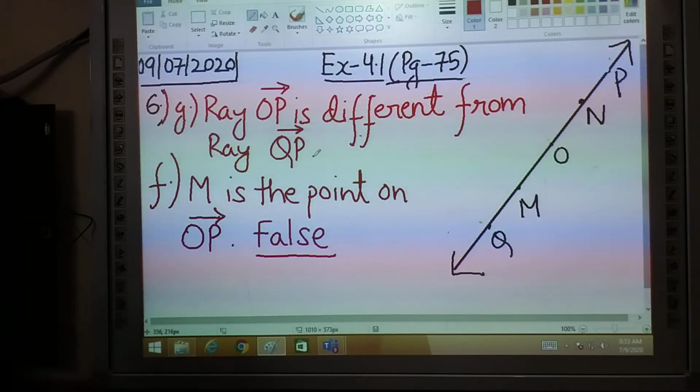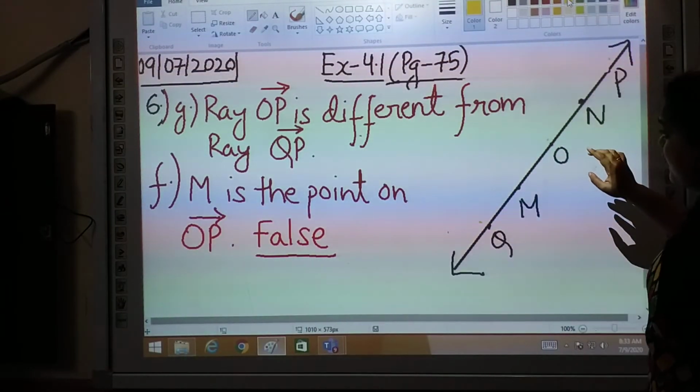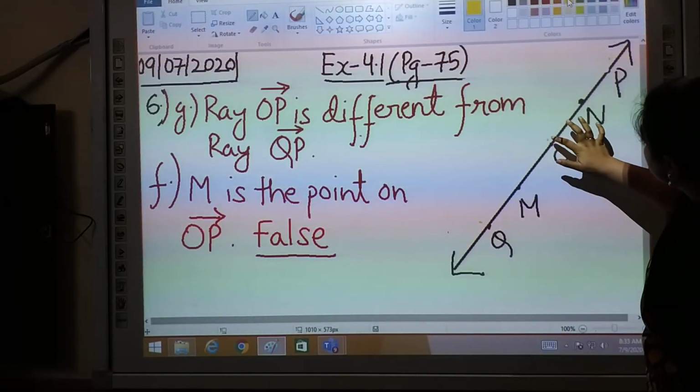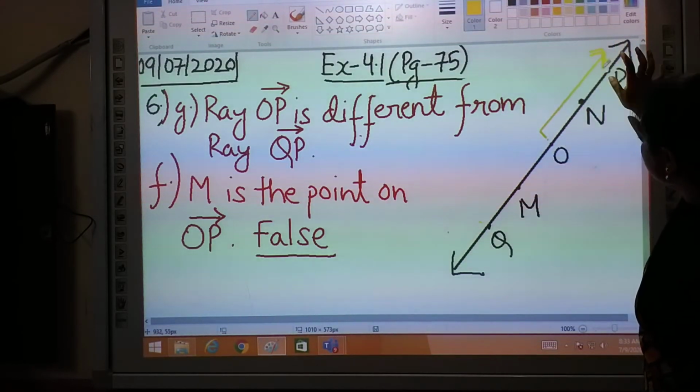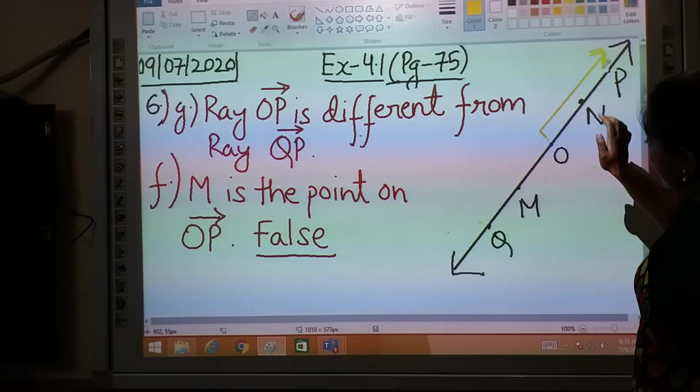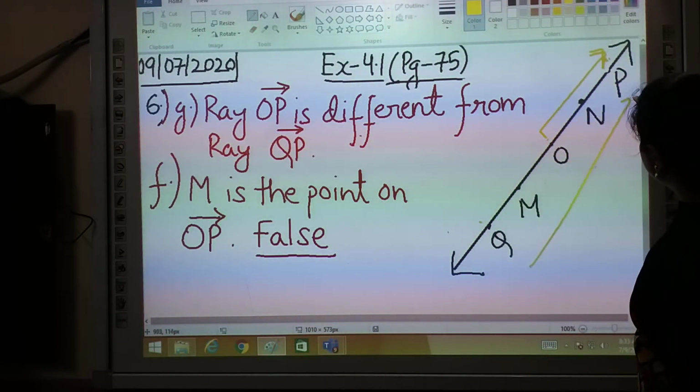ठीक है? As you can see, first we will take the ray OP. So this is the ray OP जो यहाँ से इस तरफ इस डायरेक्शन में जा रही है, ठीक है? और रे QP क्या है? QP is this.